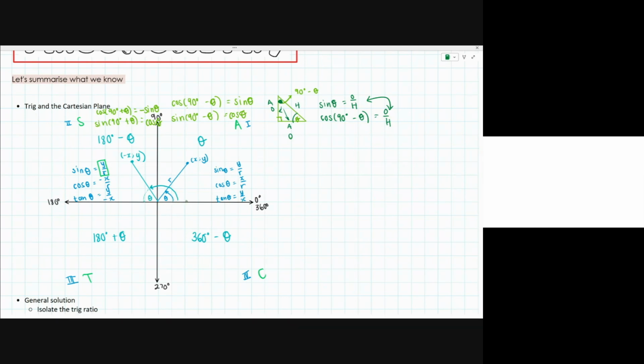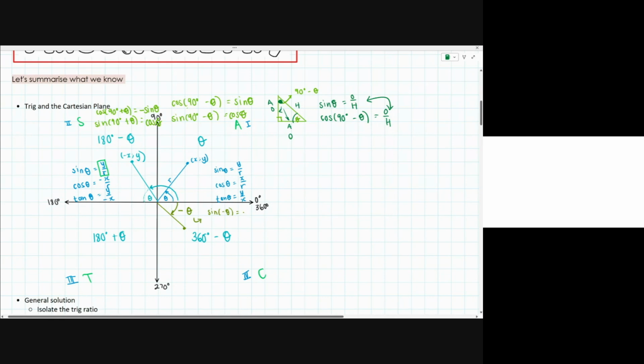Positive angles are always measured from the positive x-axis anti-clockwise. If we measure an angle from the positive x-axis clockwise, this is a negative angle, and we're then sitting in quadrant 4. So when we are working with negative angles, again, take into account which quadrant we're in. Because we're in quadrant 4, only cos is positive.